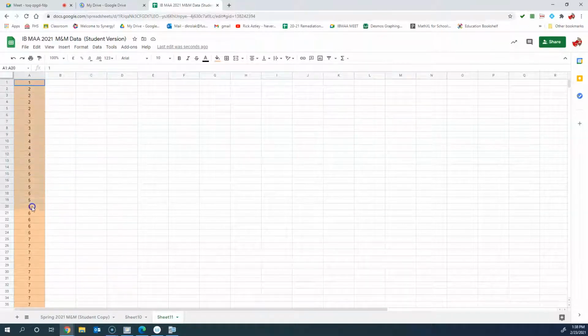We knew what the individual numbers were that were in that class. So if I just add up the first 20 numbers here, I'm going to go equals sum.